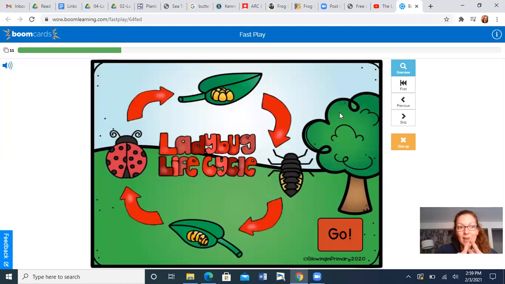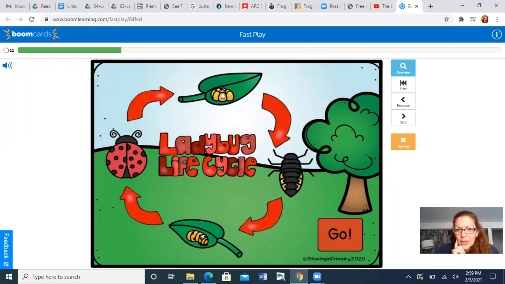This is the boom card for today. The egg. What else? Do you remember what it's called? So it's an L, larva. The larva. And then there's the pupa. And then there's the adult. And then it starts all over again.